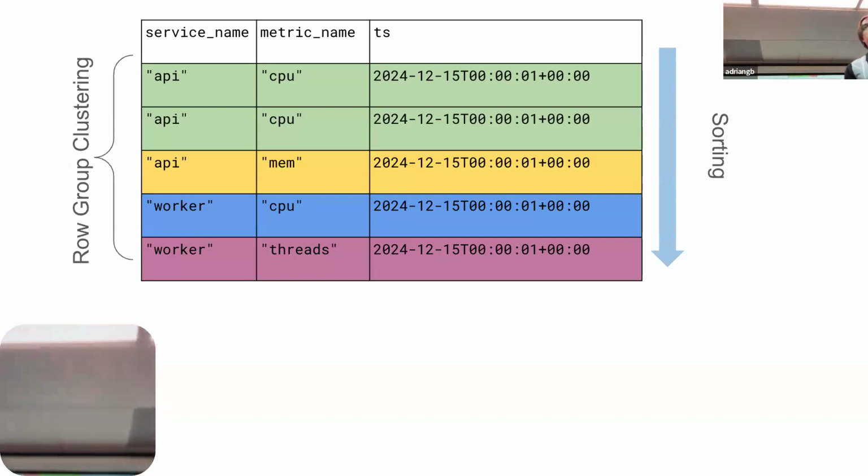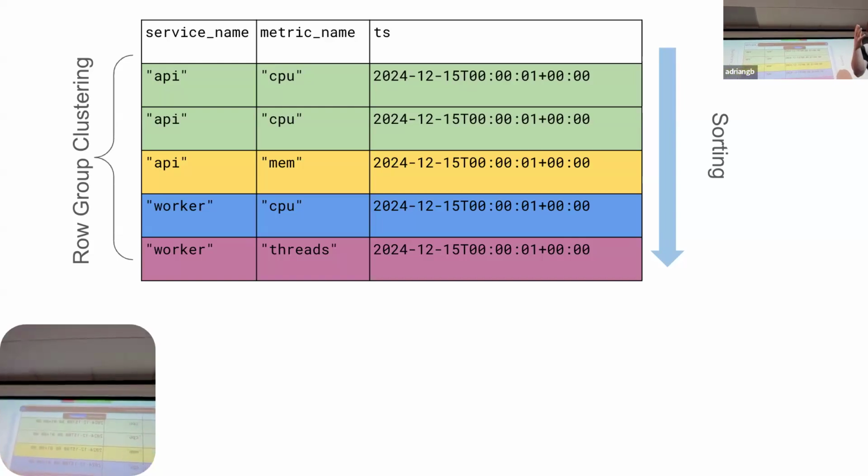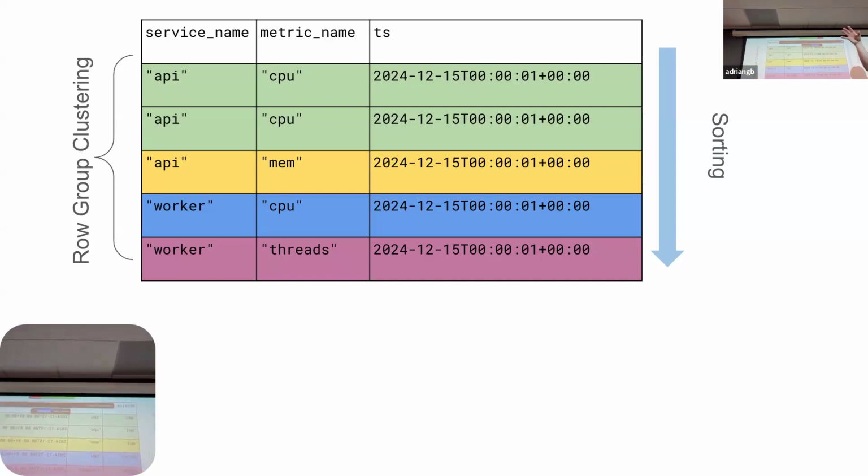So another technique that we've used is what we're calling row group clustering. Traditionally in storing Parquet files in object storage, there's Hive partitioning, which is saying I take all the files for a specific day and put those together in one folder, and the other files for a different day are split out separately.